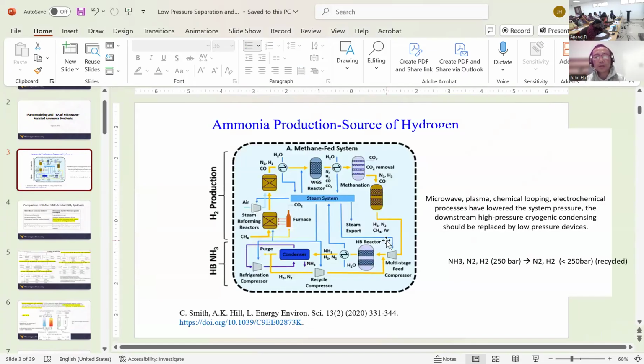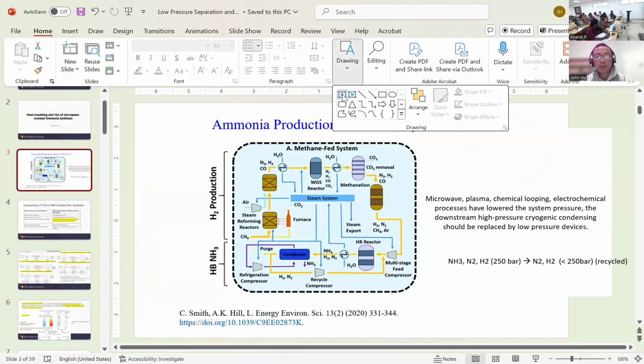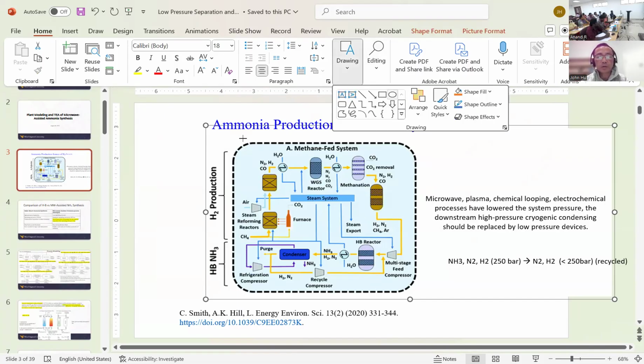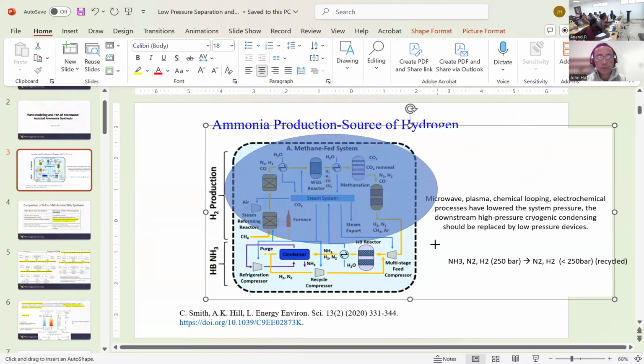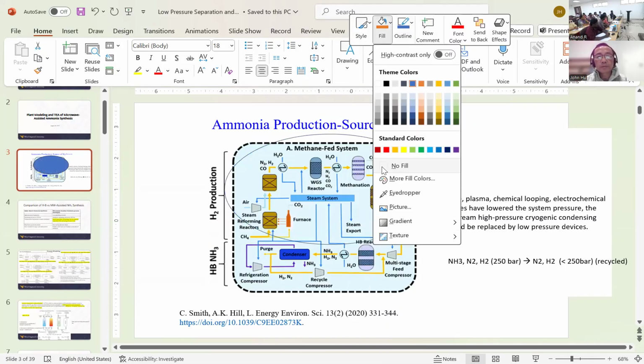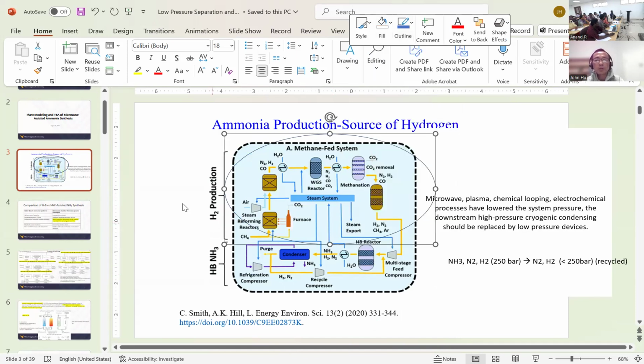If you look at this diagram, half of it is about hydrogen production, from here to here. The orange inner circle is hydrogen production. Today there will be two sessions talking about hydrogen.